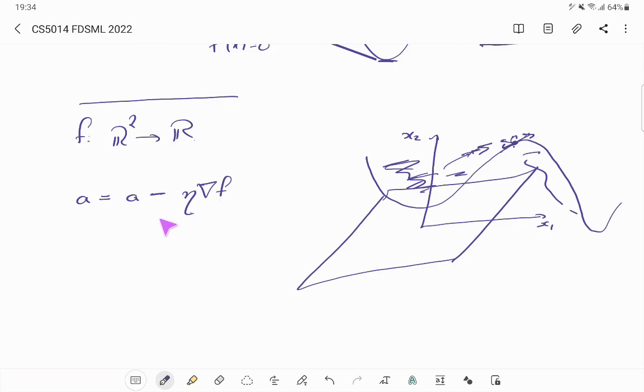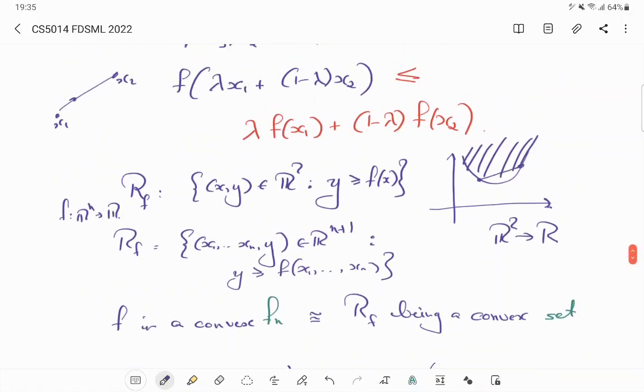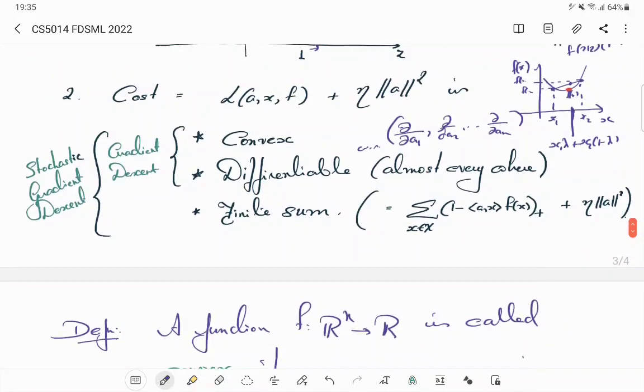And in the stochastic gradient descent case, if your f is of the form sum over x in X of f_x, then every step, instead of doing the whole gradient computation, you only compute the gradient of f_x, where x is chosen randomly from X. So these algorithms are available for SVM to complete its trick.